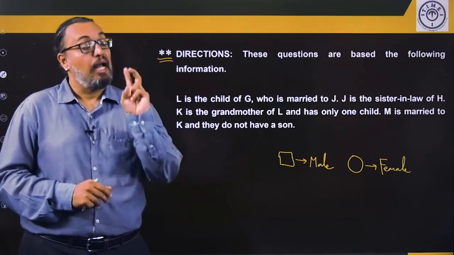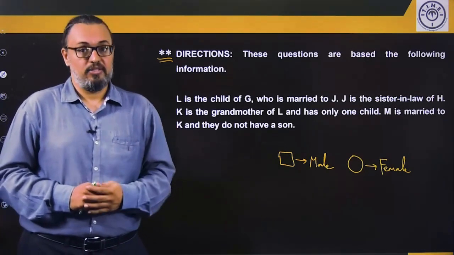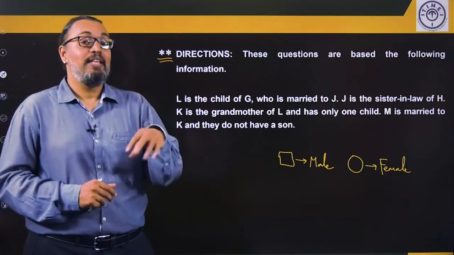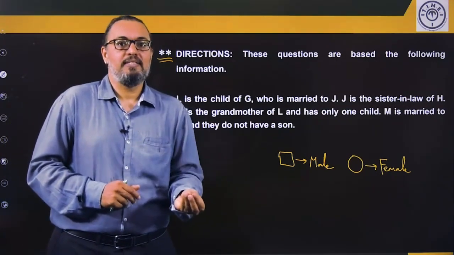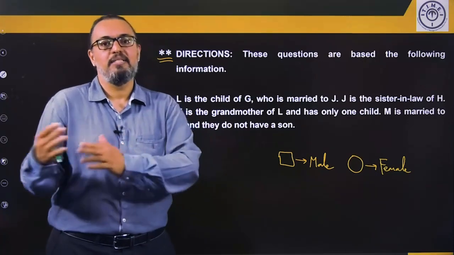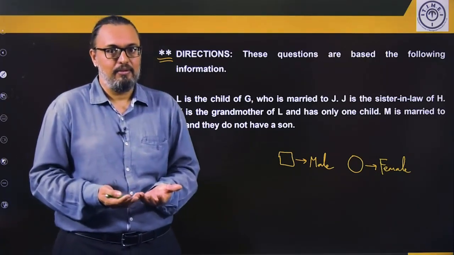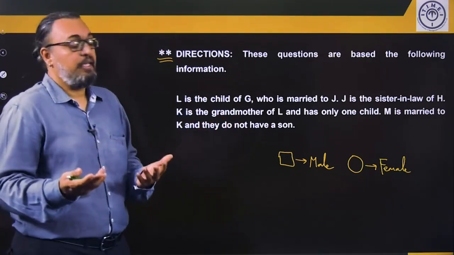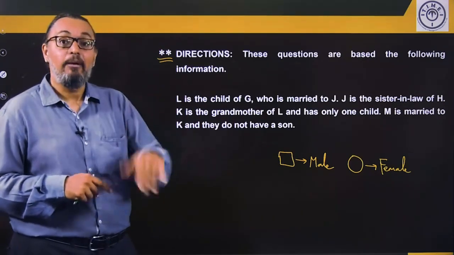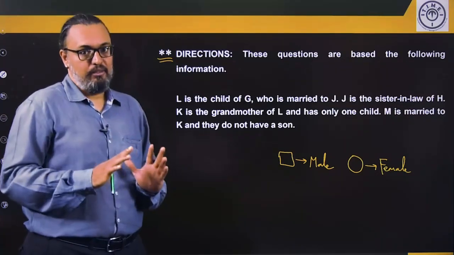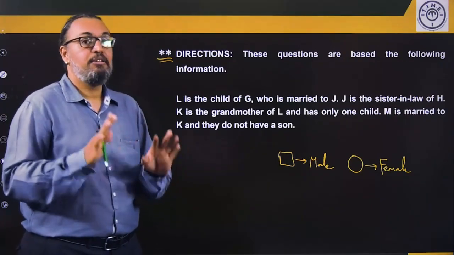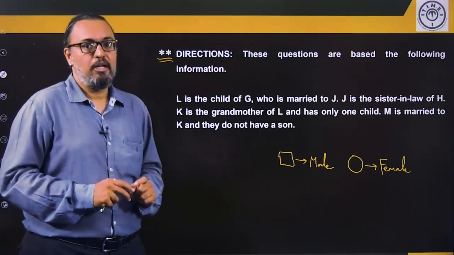Another is through gender markers. Sometimes when names are used, he will say Mr. or Miss or Mrs. Mr. is usually for male, Miss and Mrs. for female. And sometimes he will say he, him, they are male. She, her, female. So these are the ways in which we identify genders. They are called gender markers.